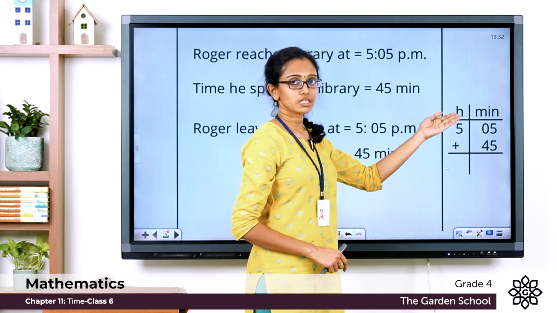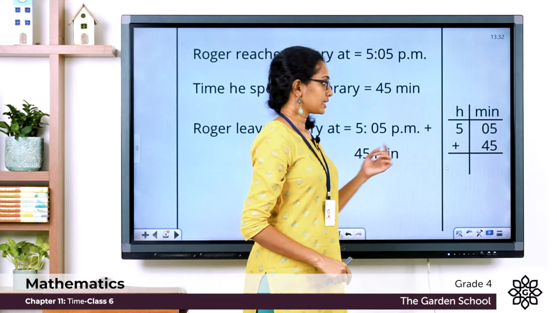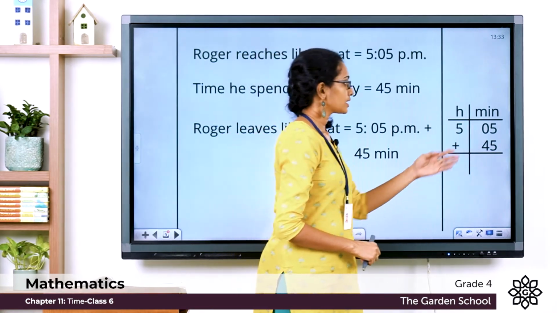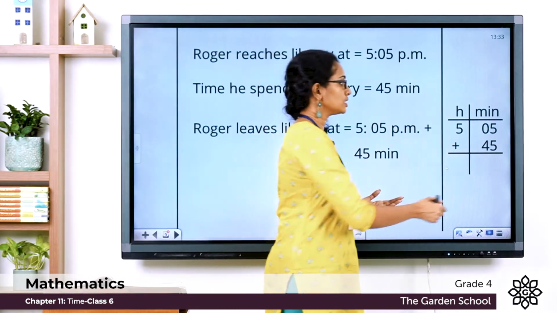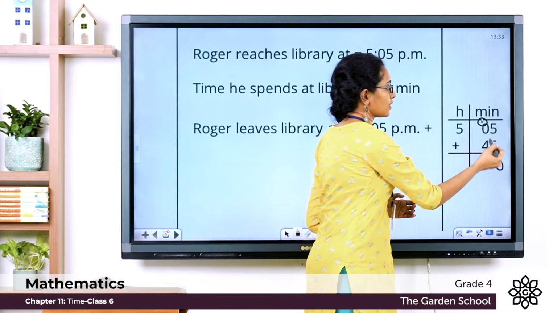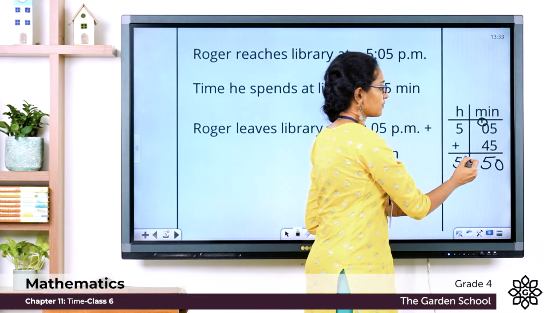So, that 5 hours is written in the hours column and the 5 minutes is written in the minutes column. Then, the 45 minutes has to be added. And here we have written that 45 in the minutes column. Let's do the addition. So, 5 plus 5 is equal to 10. A carry over 1. Now, here 1 plus 4 is equal to 5. Now, here it is 5.